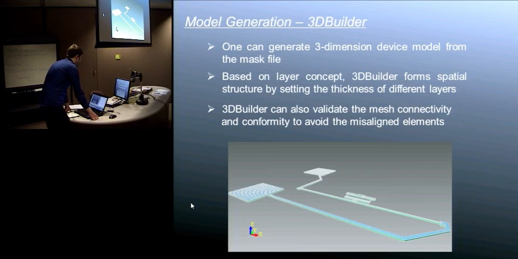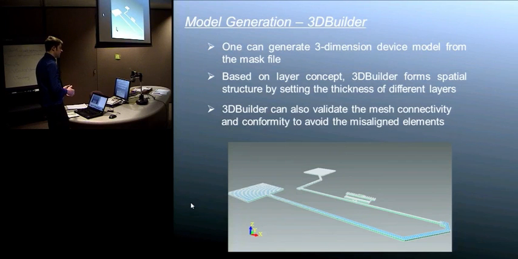Here we've used 3D Builder. 3D Builder is kind of like a mix between Blueprint and Hexpresso. So in this tool, you import your two-dimensional mask, whether it's multi-layer or not. And then on one side of the screen, it shows you your 2D version, and on the right side, it will show you a 3D model, and it's live updating.